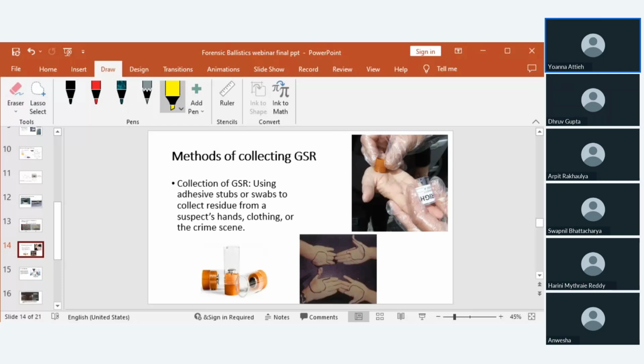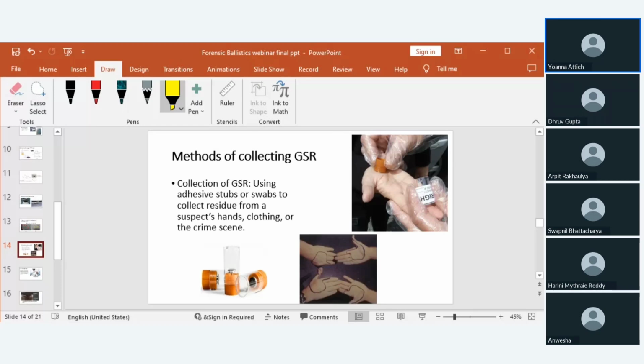These particles travel towards the shooter and they can be deposited on the victim, the shooter's clothing, or even the surrounding environment. The most common elements detected in GSR are lead, barium, and antimony. These elements originate primarily from the primer of the cartridge. Additionally, brass, which is copper and zinc, used in the cartridge case can also be detected during analysis.